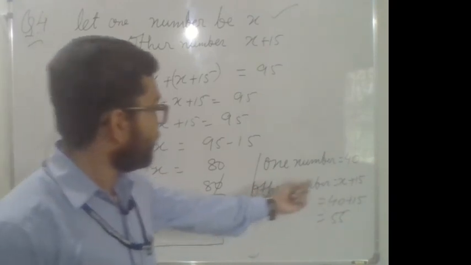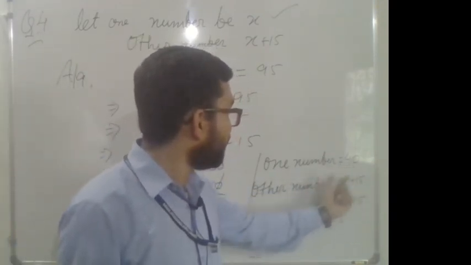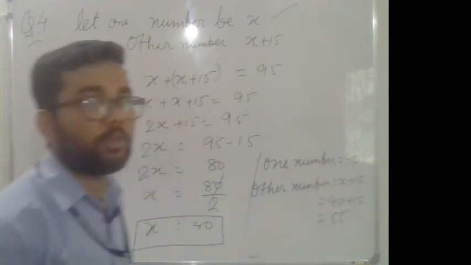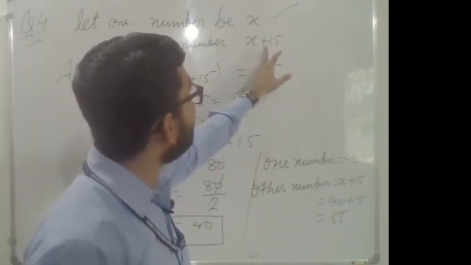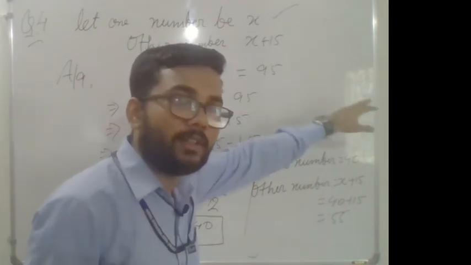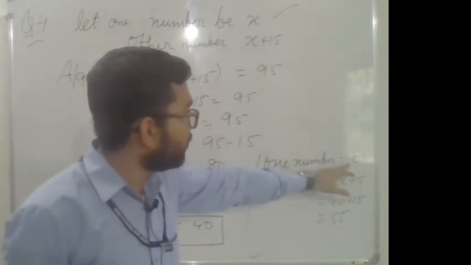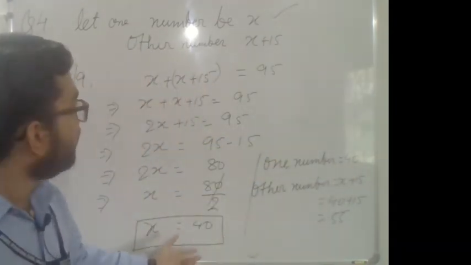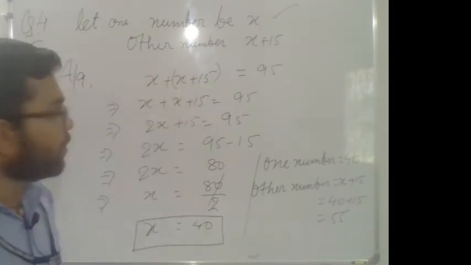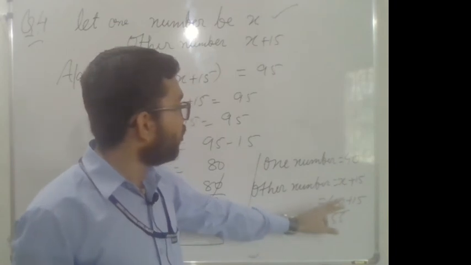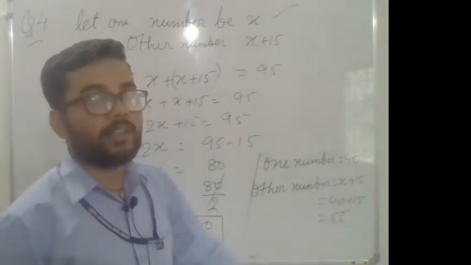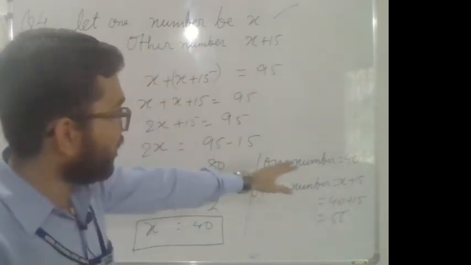So one number is 40 and the other number is 40 plus 15, because in the question it is given that one number exceeds the other number by 15. That is why we have taken the other number as x plus 15. When you get x is equal to 40 by solving this equation and put the value of x in the other number, you will get the other number. So 40 and 55.